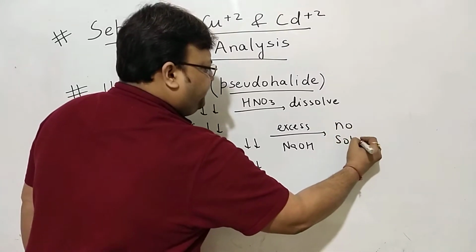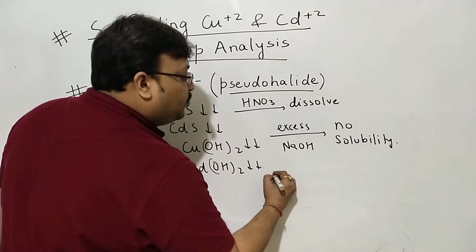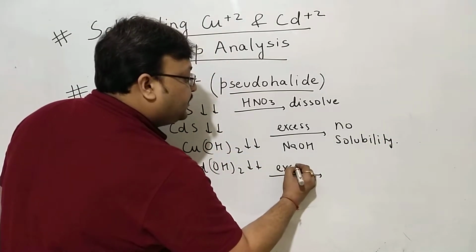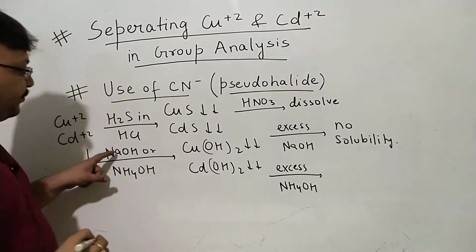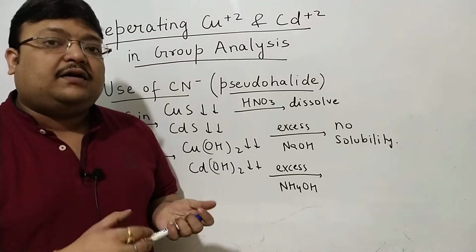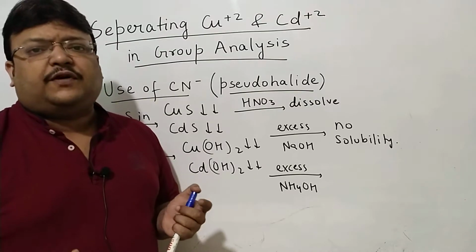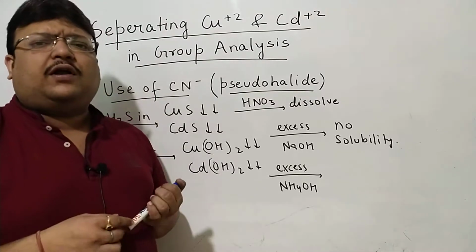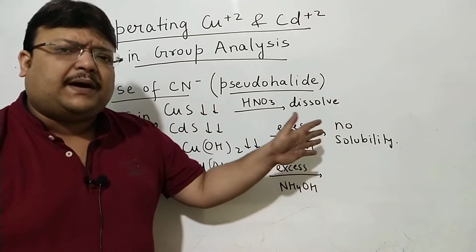Both will remain precipitate. This is where excess NaOH is different from excess NH4OH. You need to keep in mind the precipitate of both of them is hydroxide. But dissolving in excess of NaOH is an amphoteric behavior, which is for zincate, aluminate, plumbate and so on. So something dissolving in excess of NaOH is zincate, aluminate, plumbate.